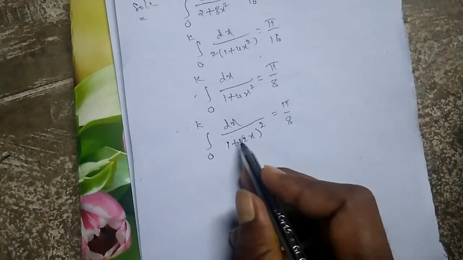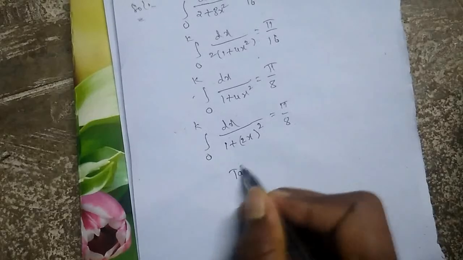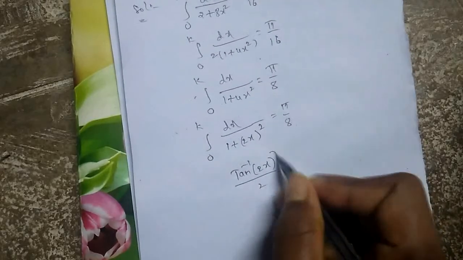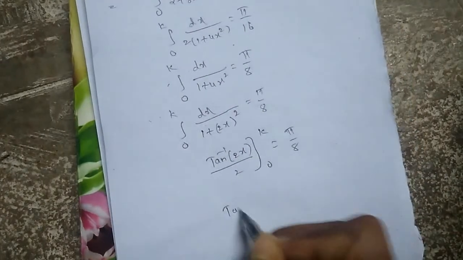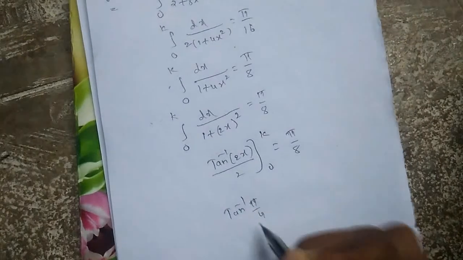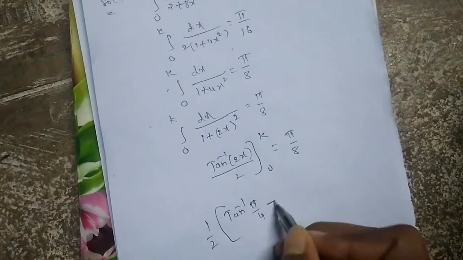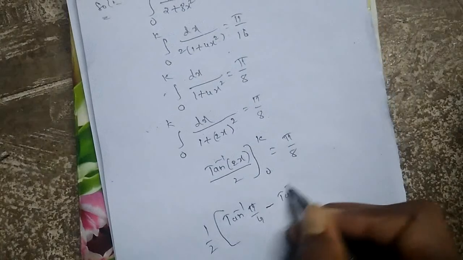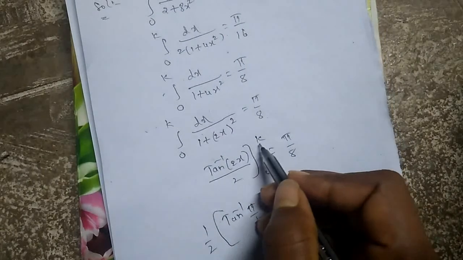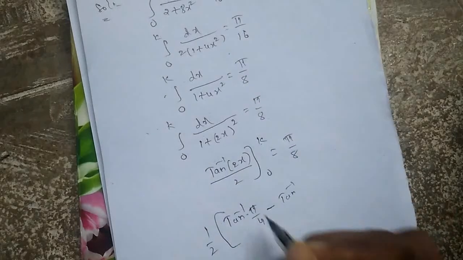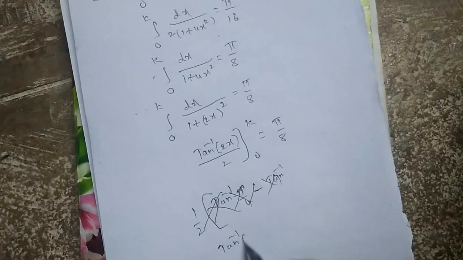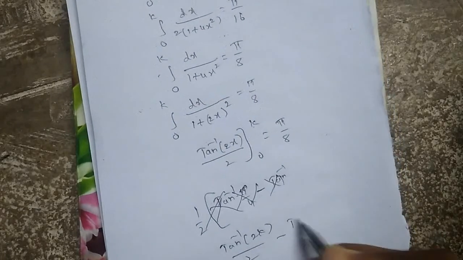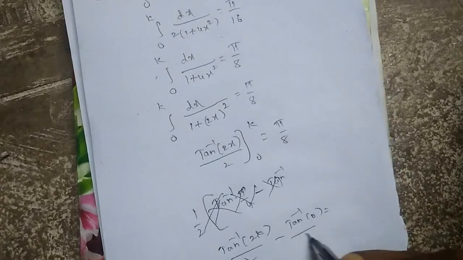This is in the form of dx by 1 plus x square, so it is tan inverse 2x by 2, with limits 0 to k, equal to pi by 8. Apply the limits: tan inverse 2k by 2 minus tan inverse 0 by 2 is equal to pi by 8.